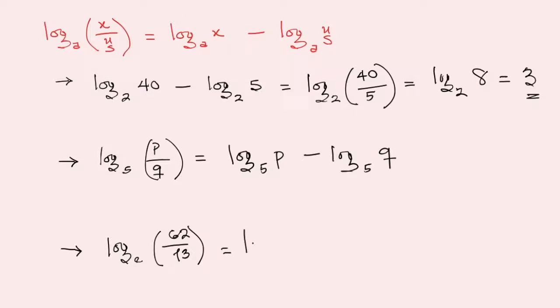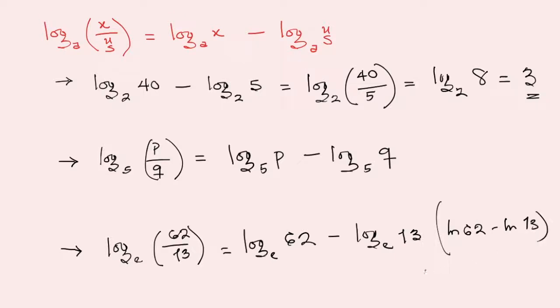And in this case, we can say log to the base e of 62 minus log to the base e of 13, which we know is equal to ln 62 minus ln 13. So ln 62 is equal to 4.127, and ln 13 is equal to 2.565.